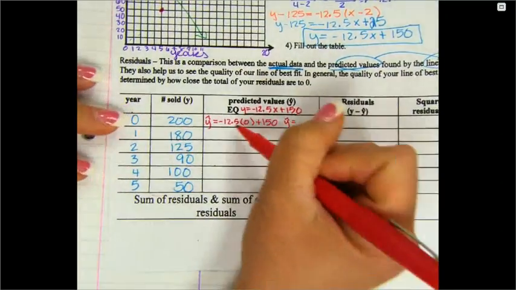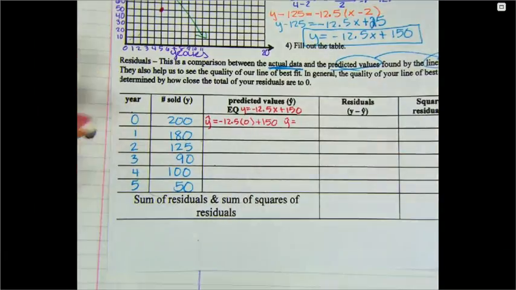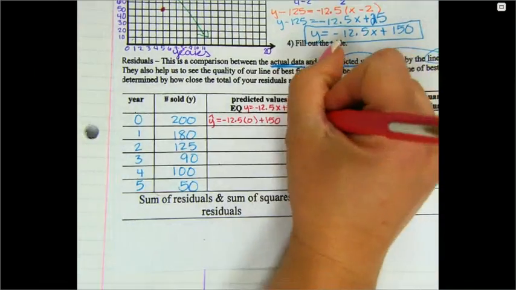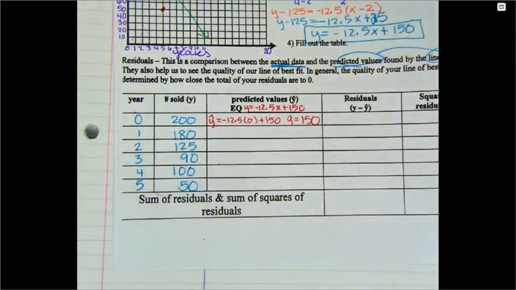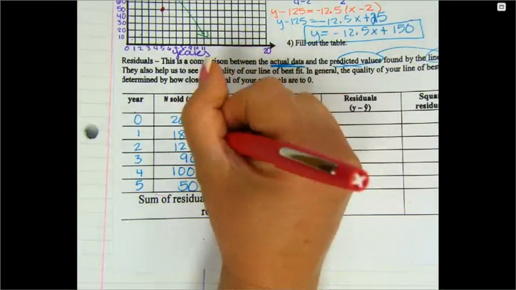All right, so what we're going to do is multiply this times 0. 0 plus 150 is what? 150. Then we're going to plug in what? We're going to plug in 1.